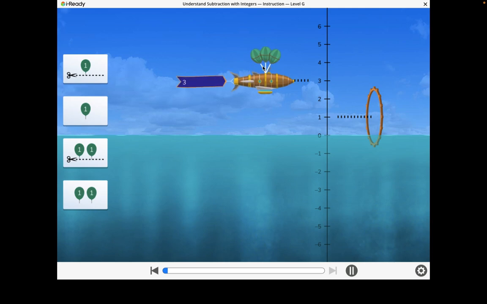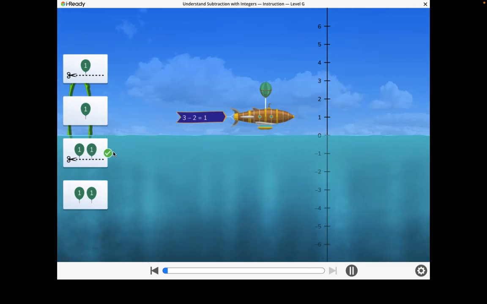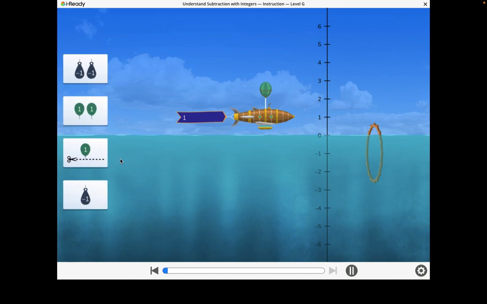So we need to cut 2 balloons, so you go down 2. Now we need to go down 2, so we could put 2 weights.